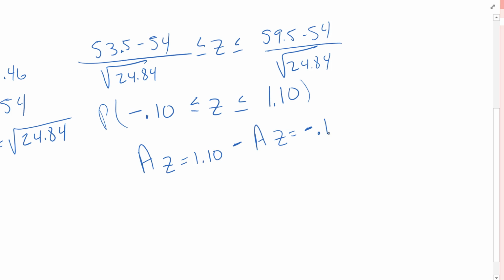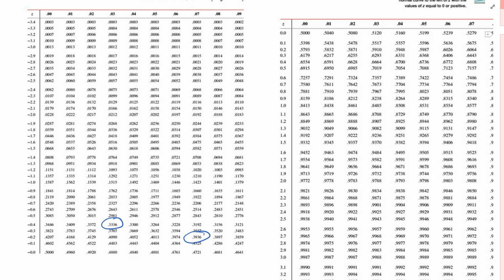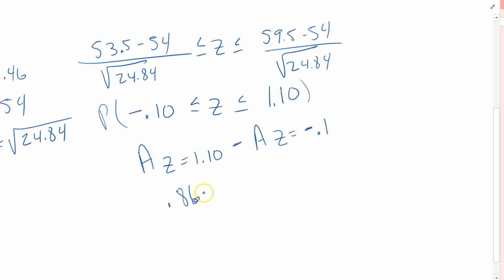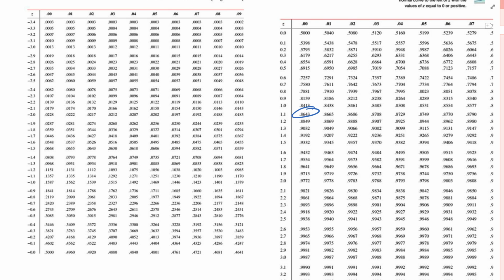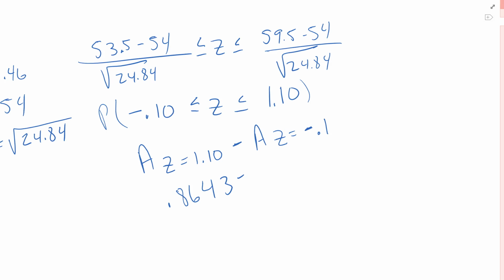Looking for 1.10 in the table, I have 0.8643, minus the area at negative 0.1, which gives me 0.4602. So if I take 0.8643 minus 0.4602, I'm done with 0.4041.